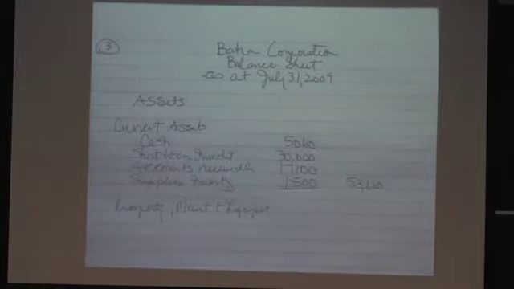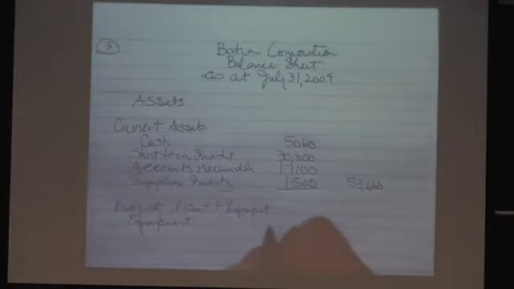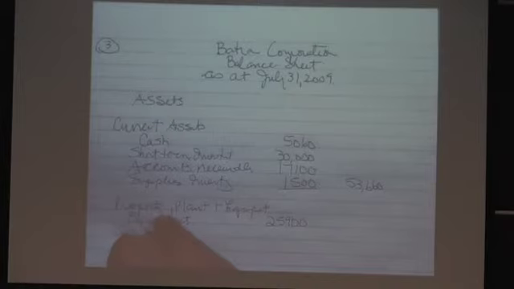It's long-term because the usefulness of it spans more than 1 year. Okay, greater than 1 year. And here we've got only one asset called equipment. And the equipment has a contra account called accumulated depreciation.